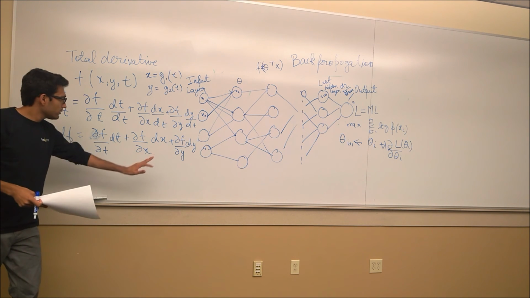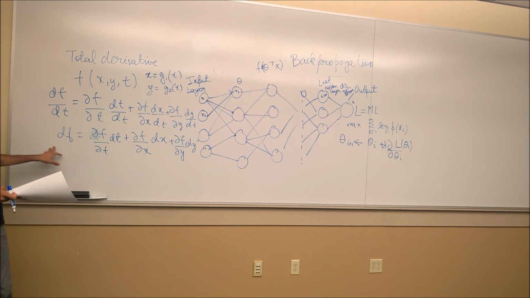Essentially what this has told us is that in the chain calculus rule, if there is more than one dependent variable at any point, I just sum the differentials for all of them.